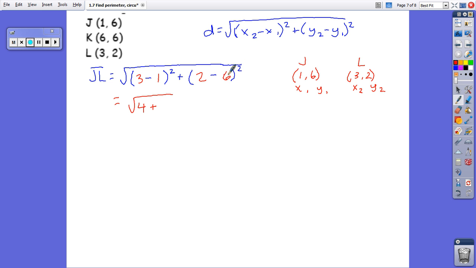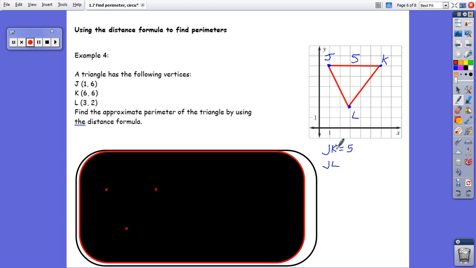Negative 4 squared is 16. Which is square root of 20, and the square root of 20 is 4.47. So going back, JL is 4.47. I'm going to write that on the picture here.